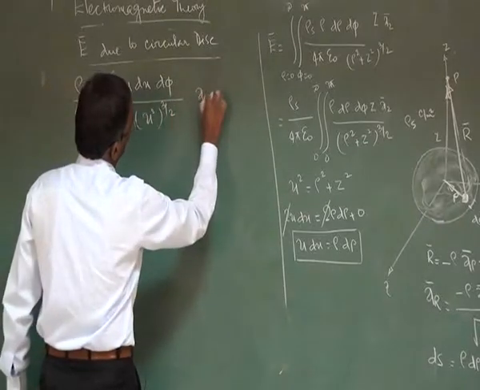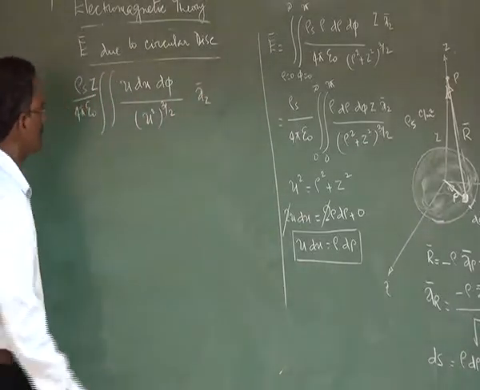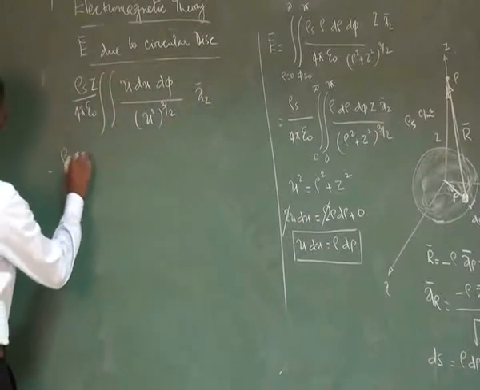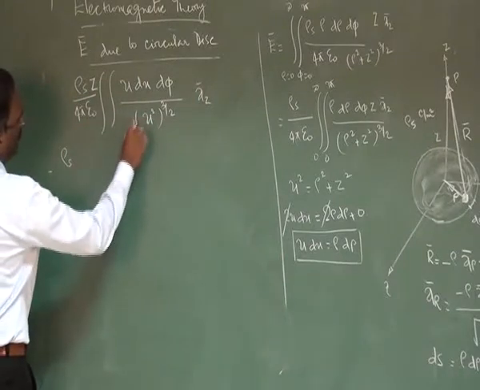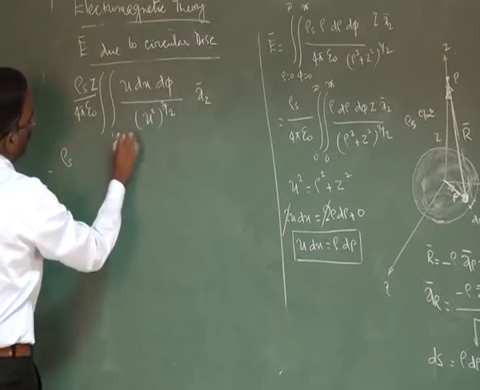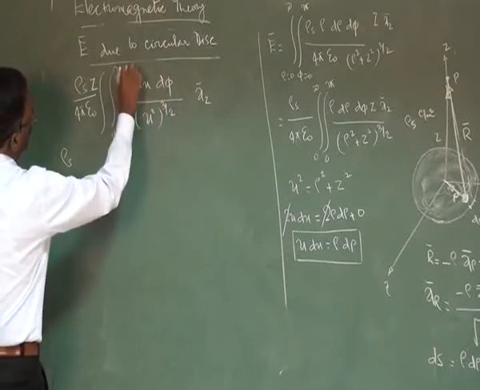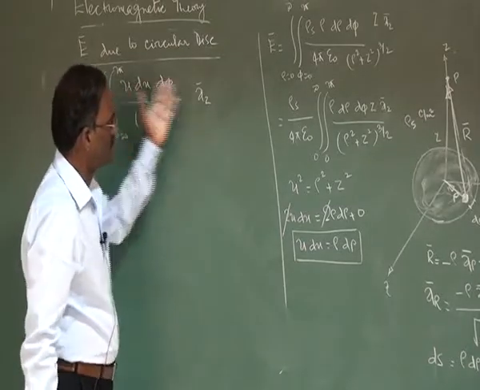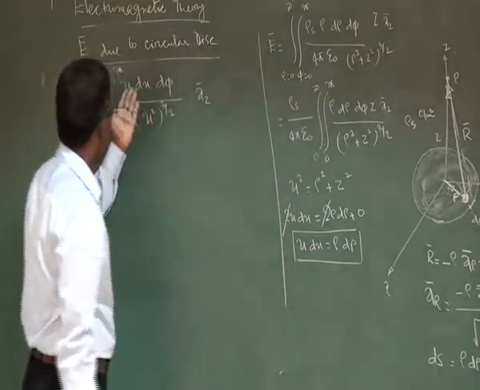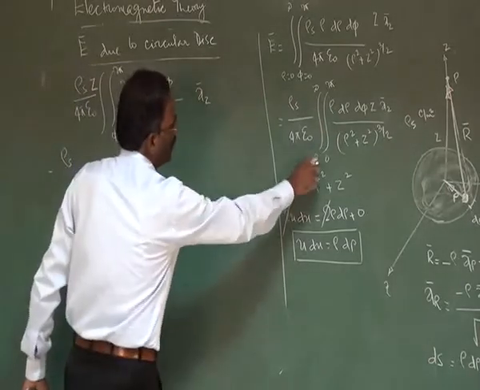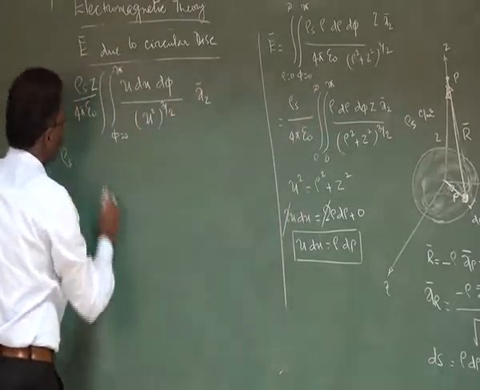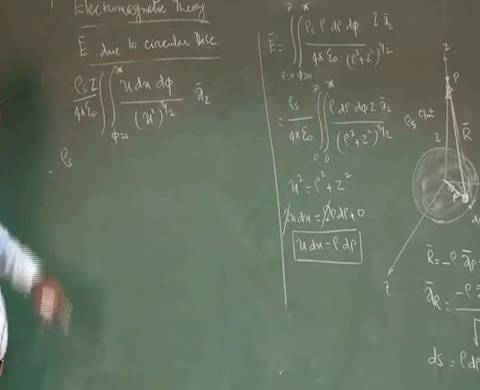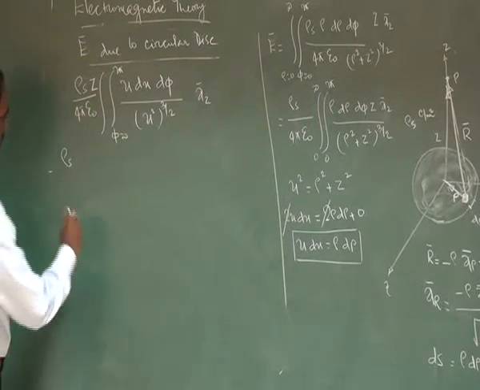Unit vector is a z bar. These will be the limits also. I have to change the limits: phi is equal to 0 to 2 pi, but in this step rho is not available. The rho has been replaced with u. The limits for rho have also been replaced with u values.